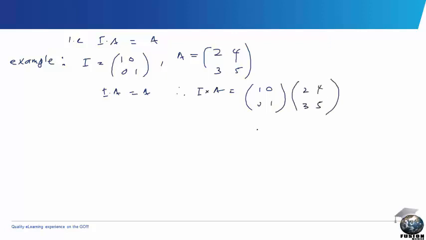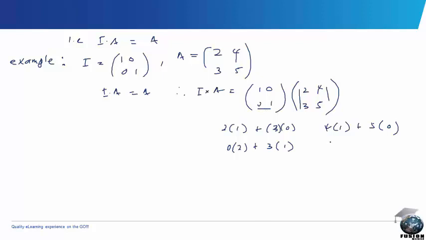I times A is 1 0, 0 1, times 2 4, 3 5. Multiplying, we have 2 times 1 plus 3 times 0, and then 4 times 1 plus 5 times 0, and for the second row, 0 times 2 plus 3 times 1, and 0 times 4 plus 1 times 5.